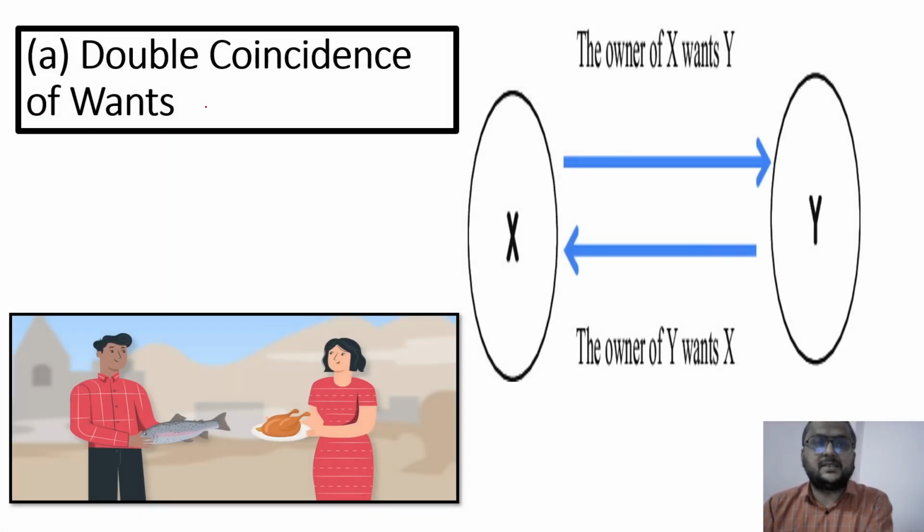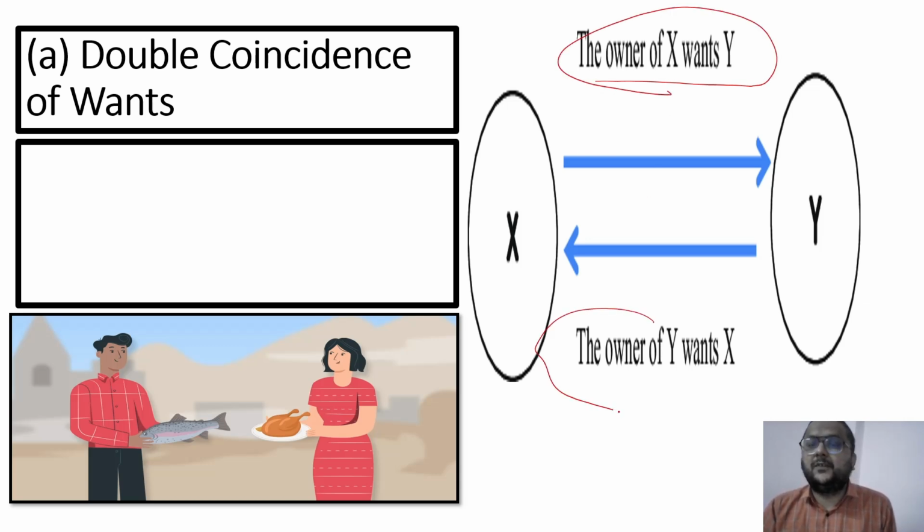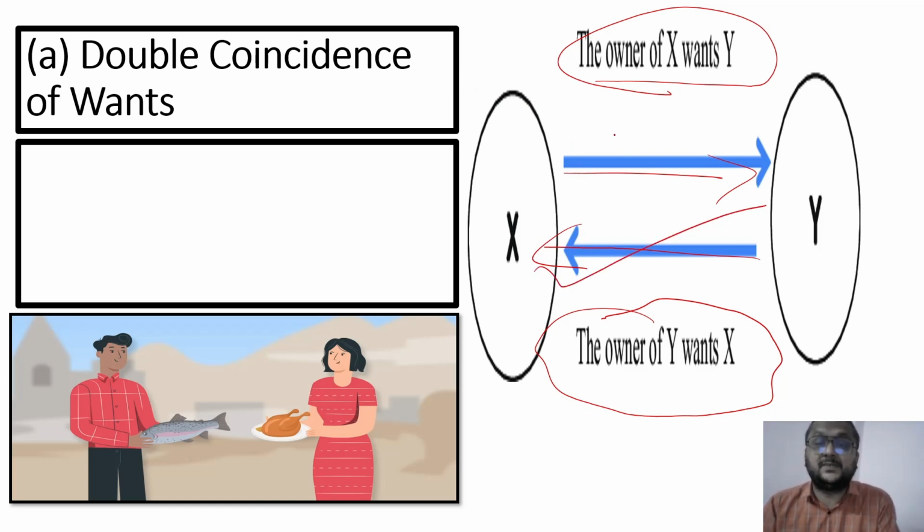The first problem is double coincidence of wants. What is double coincidence? Both parties have a mutual need, like the owner of X wants Y and the owner of Y wants X. Both need each other's things, and then it is called double coincidence of wants. If double coincidence of wants is there, then only the barter system is possible. Otherwise, it is very difficult.